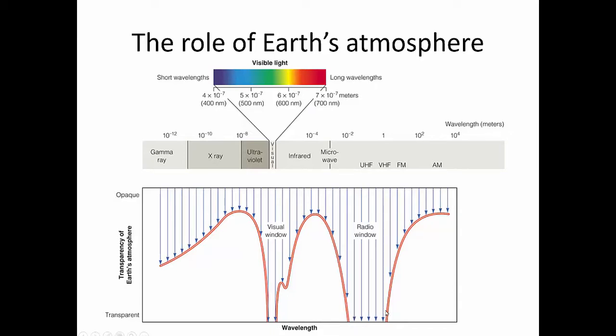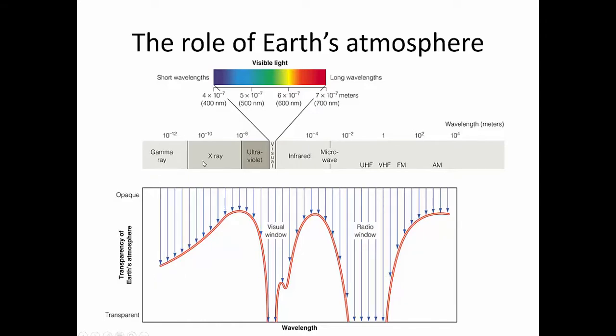There's also a radio window, radio wavelengths that get through there. Interestingly, what we think of as things that travel through the atmosphere just fine, FM and AM, are actually somewhat blocked by it and don't get through it so well.